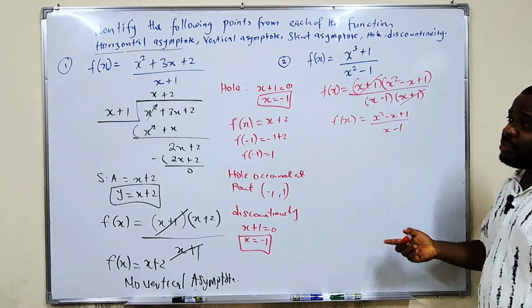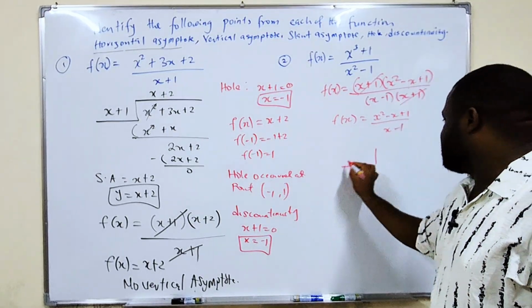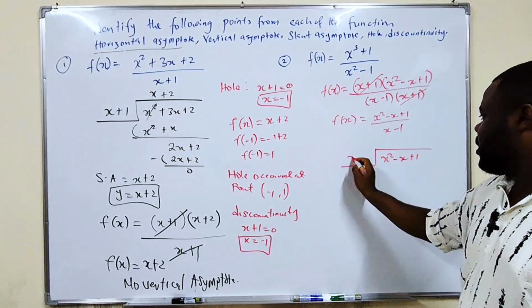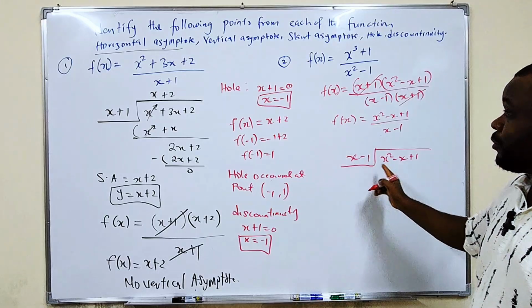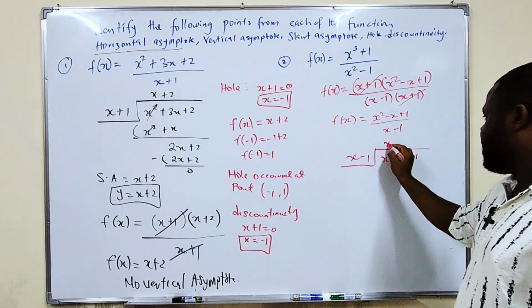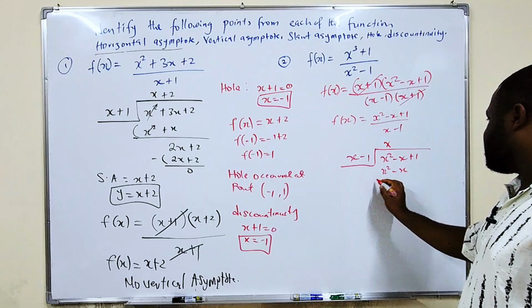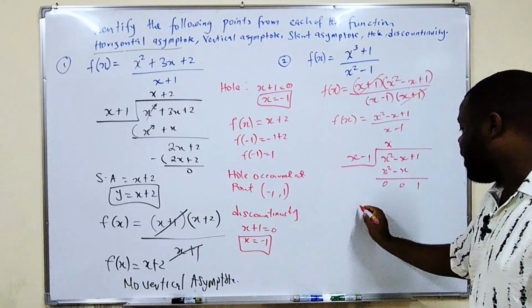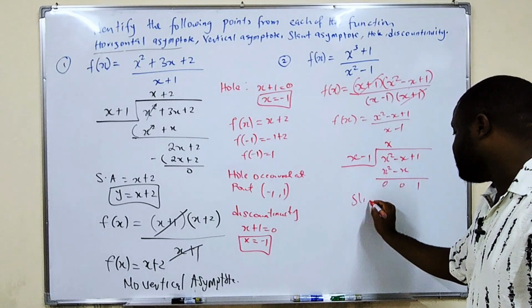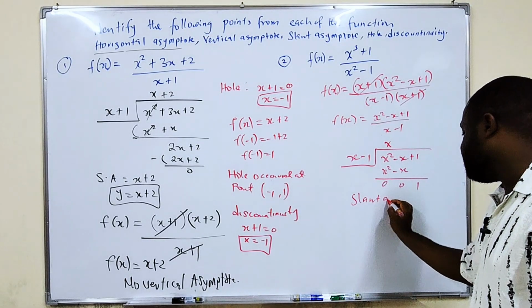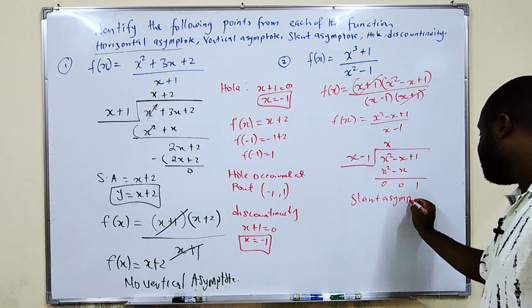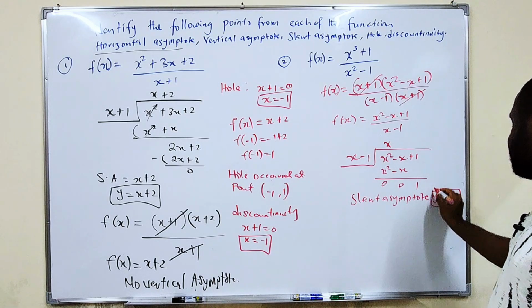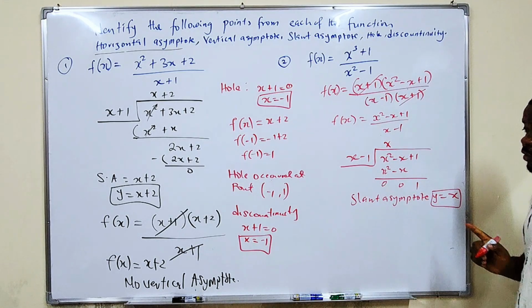This we can easily use to find our slant. You have your dividend and you have x minus 1. If you just do the same thing we did here, this is going to be x, we have x squared minus x, so this is going to be 0, then we have 1. So our slant asymptote y will be x, because that's our quotient.